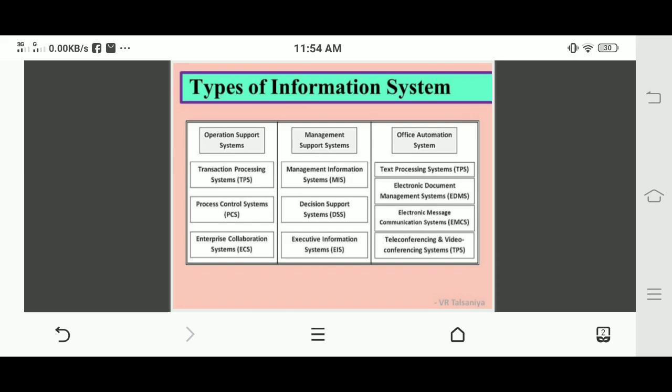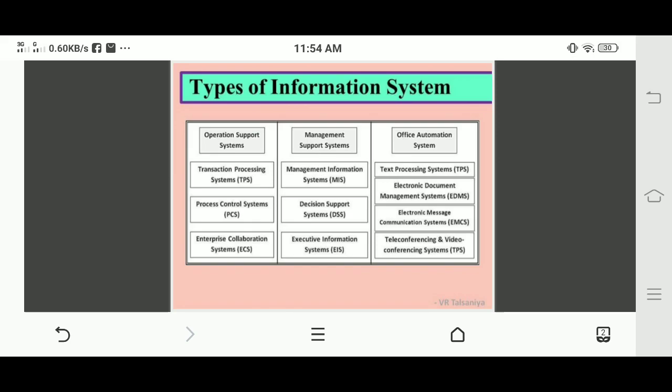Such operation support systems provide a variety of information products for internal and external use. So you require an operation support system to collect the data internally as well as externally. For further processing by management, an information system is usually required. There requires a management role also here for processing the data.